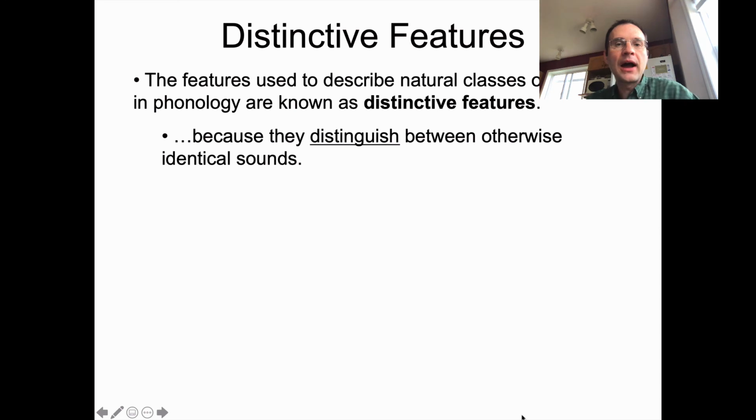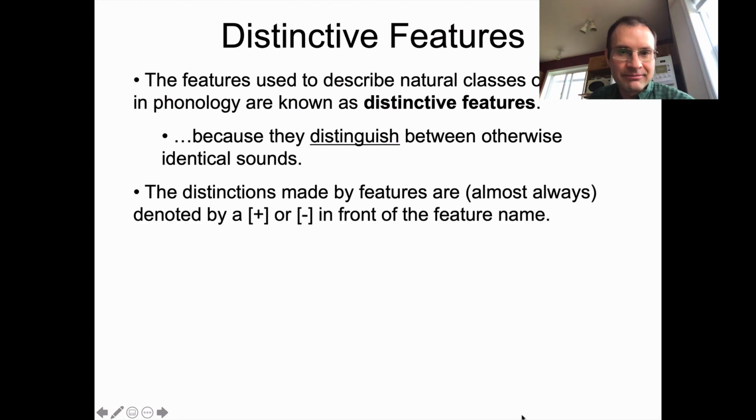Okay, so I'm talking about these as a new form of features. Technically, what they'll be known as is distinctive features. The reason we're calling them distinctive is because they distinguish between otherwise identical sounds. And we're going to use these features to not only define natural classes of sounds, but also distinguish one sound from another.